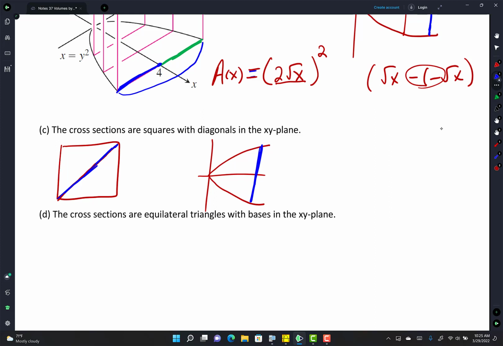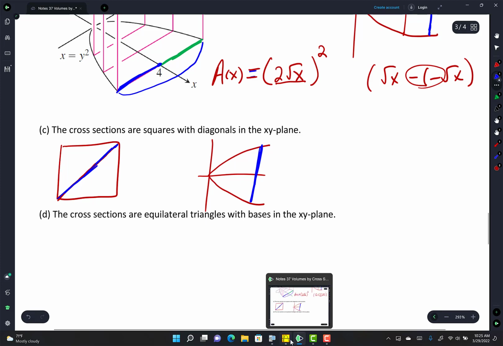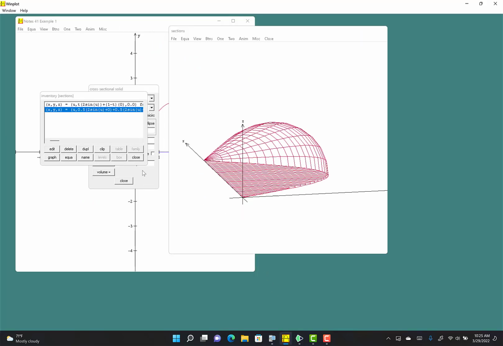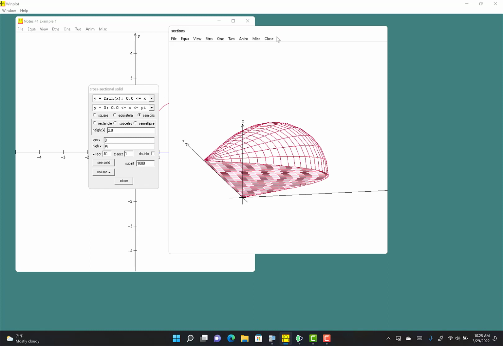You got a triangle coming out and a triangle going in. But it's still a square though. Does that make sense? Two really pointy sharp fins coming out from each side because the diagonal is a straight line. Let me see if I can model it. Maybe we can model it, guys.